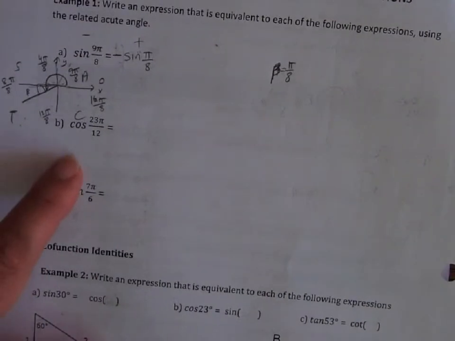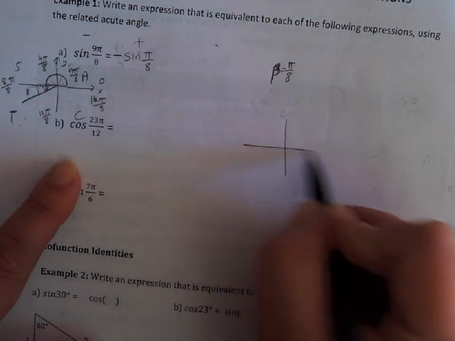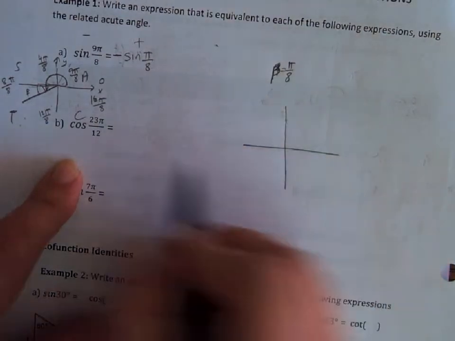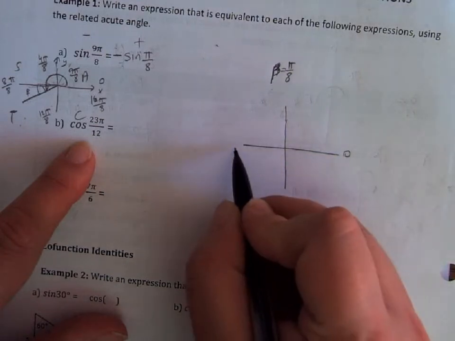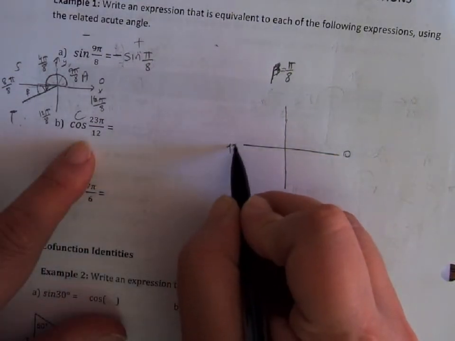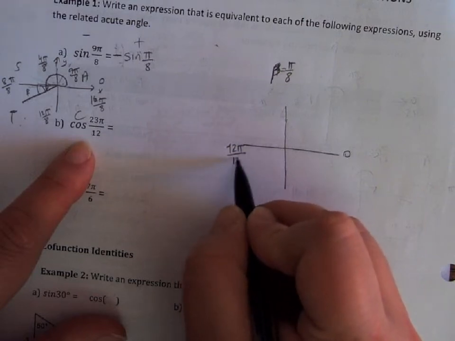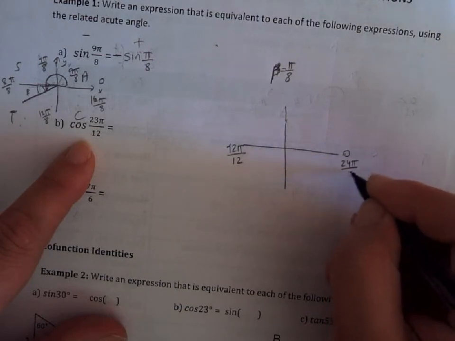Okay, let's do B. Again, the first thing, you want to rotate the angle. This is 0 radian. Pi, if you write it with the denominator 12, gives you 12 pi over 12, and this is 2 pi, or 24 pi over 12.